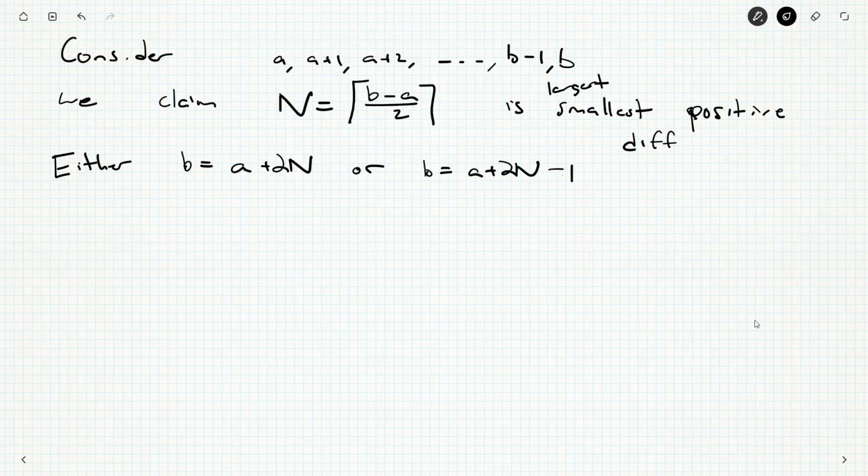Okay, consider C being equal to A plus n minus 1. Is that the one I want?